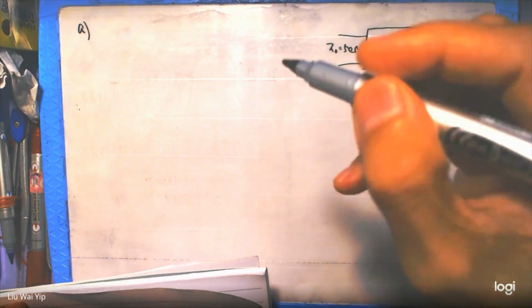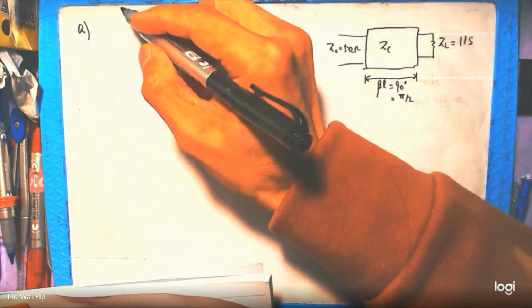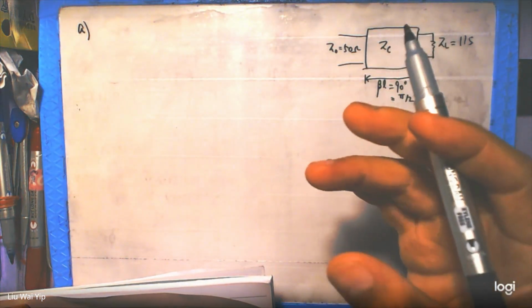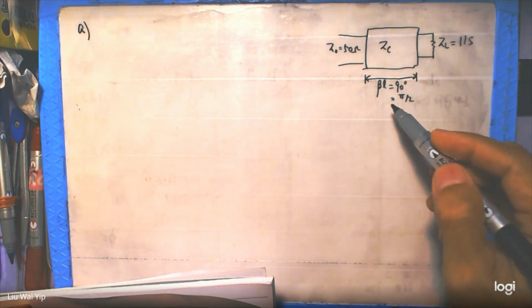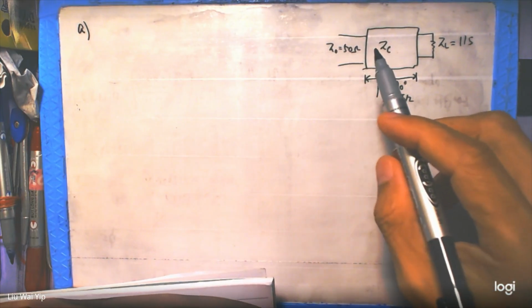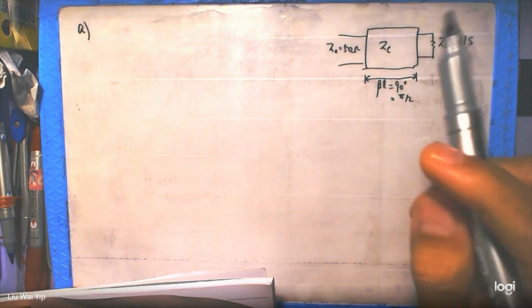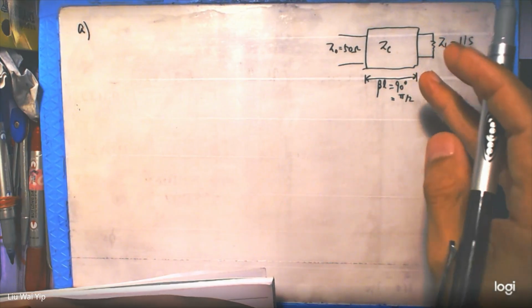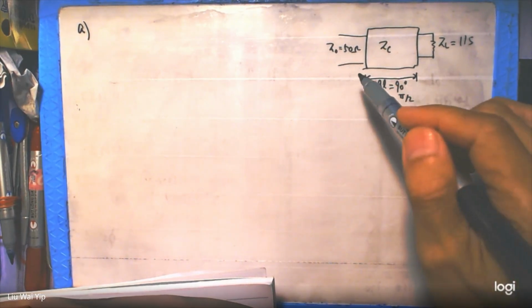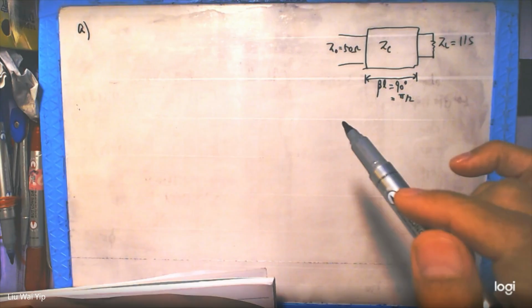So a quarter wave transformer is just a transmission line with a length of 90 degrees, and the characteristic impedance is designed to match the source and the load.